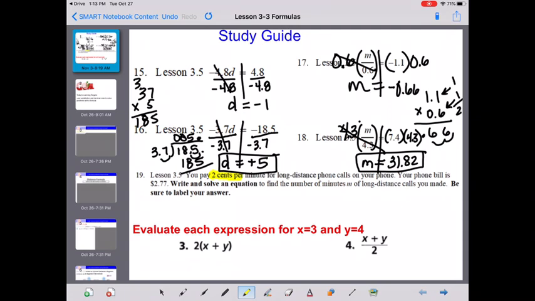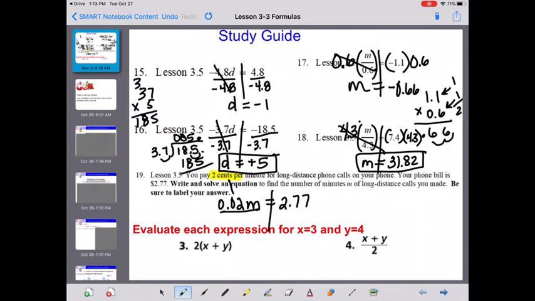We write it as a decimal, 0.02. 2 cents per minute for long distance phone calls on your phone. Your phone bill is $2.77. Write and solve an equation to find the number of minutes of long distance calls that you made.